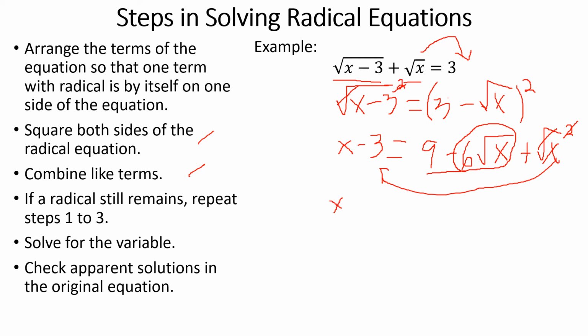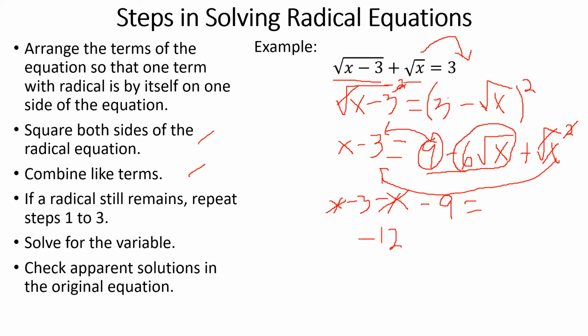Nangyari, x minus 3 minus x po siya dahil magbabago nga yung sign dahil sa pag-transpose natin. Yung 9, ililipat din po natin yan. So, minus 9. Okay, so x minus x will cancel out. It will give us 0. Negative 3 minus 9, that's negative 12.